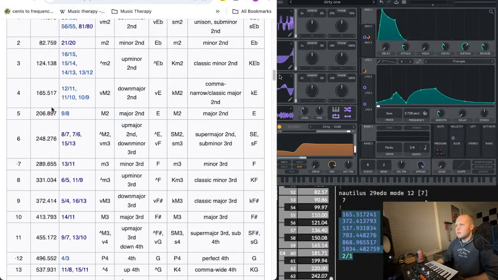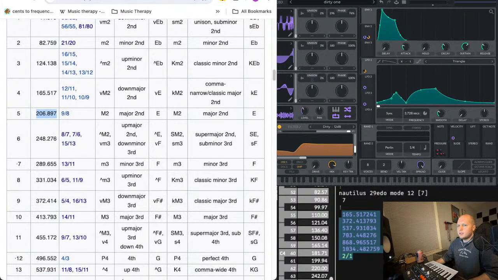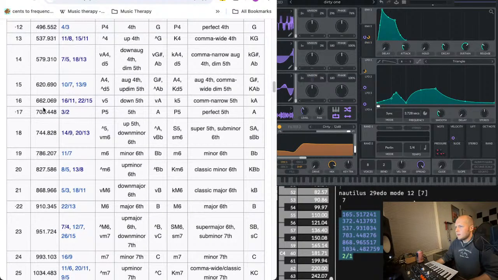Okay, so I know we had this 206, so that's basically just stacked. So an interesting thing about 29 is it has a really clean fifth. It's even cleaner than the 12 EDO fifth. Our normal fifth in 12 EDO is a couple cents flat, which is really close. So it's a really good sounding fifth.